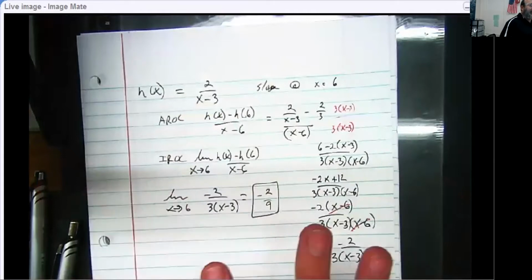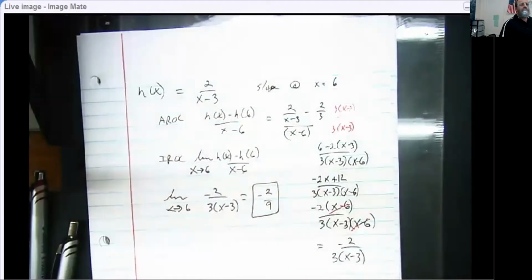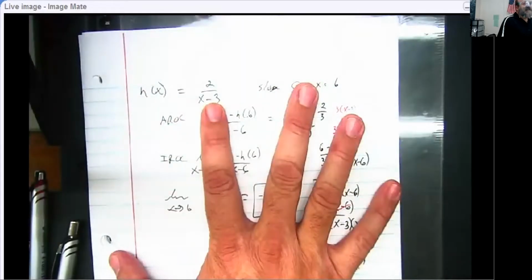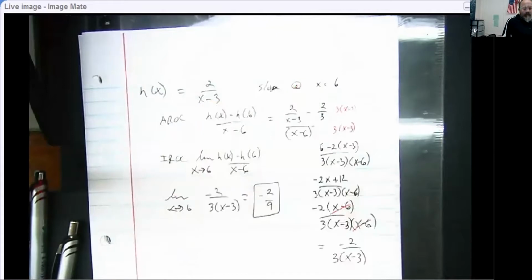It was pretty elegant. But the limitation is it only gave me the slope at one specific value. And if you ever want to change that value, then you have to start over, which leads us to the other version. This is kind of different. So this is the big one.